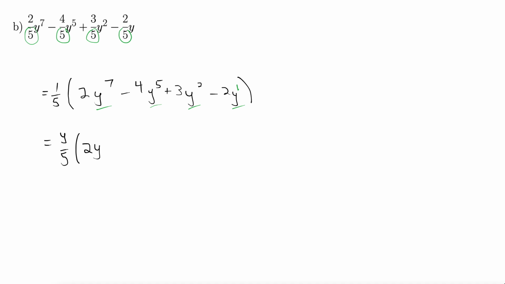So y to the 7 minus 1, which is y to the 6th, minus 4 y to the 5 minus 1, y to the 4th, plus 3 y to the 2 minus 1, y to the 1, which I'll just leave as y, minus 2. Here the whole y comes out, or you can think of this as y to the 1 minus 1, y to the 0. That just leaves us with 2 there, and there you have the factored form.